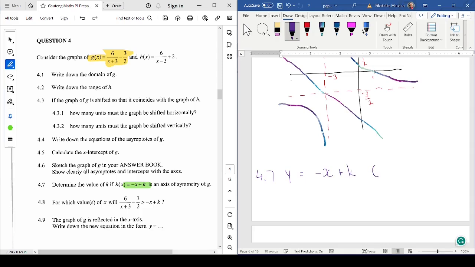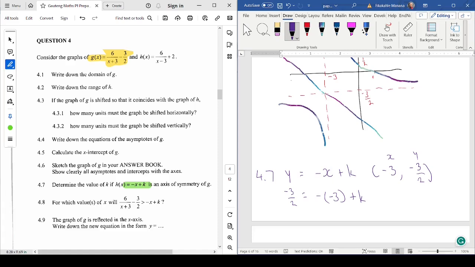And we're going to substitute minus 3 and minus 3 over 2. This will represent the x, that will be the y. So in place of the y, we'll put minus 3 over 2, that's equals to minus. In place of the x, we'll just put minus 3, and then we can solve for k using some gymnastics.